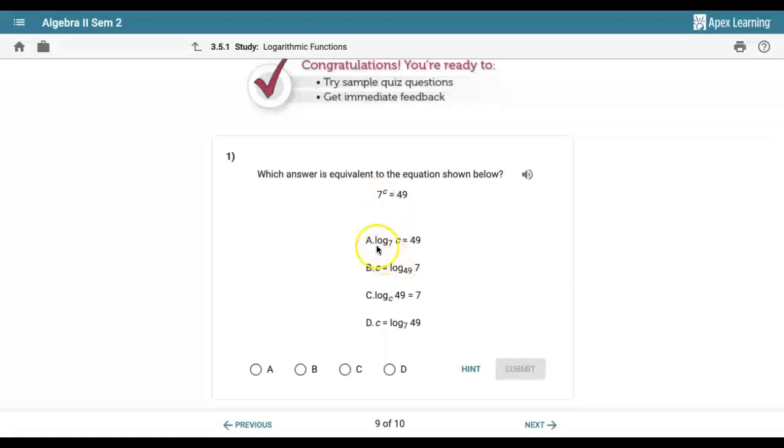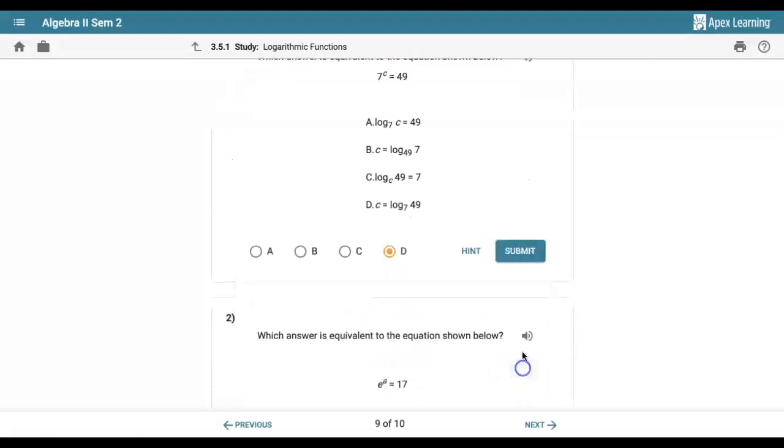The answer is going to be log base 7, because that's my base value, so immediately we're dealing with A or D, log base 7 of 49 equals C, because this is like saying 7 to the power of what will give me 49. So my answer is going to be D there.